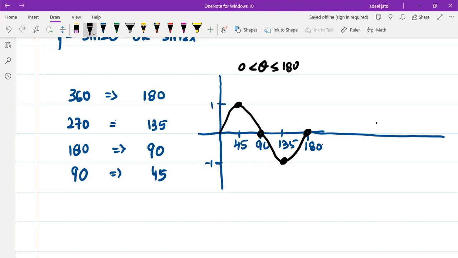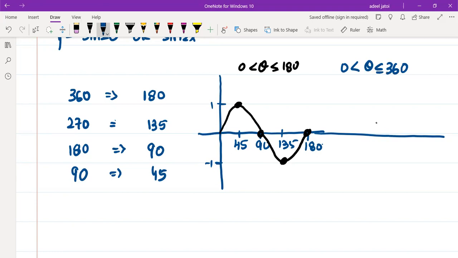If the question clearly mentions the graph of sine 2 theta, and the range of theta is from 0 to 180, you will only create one cycle.